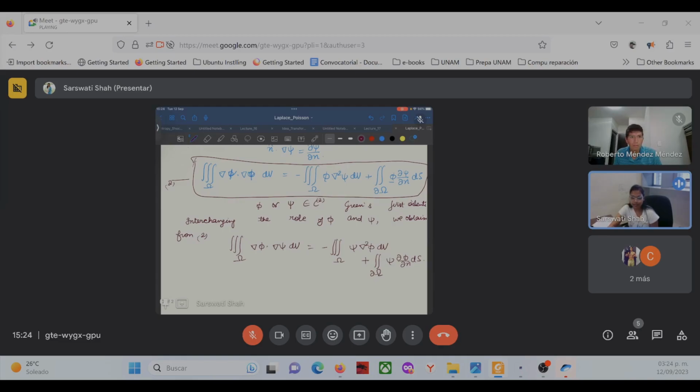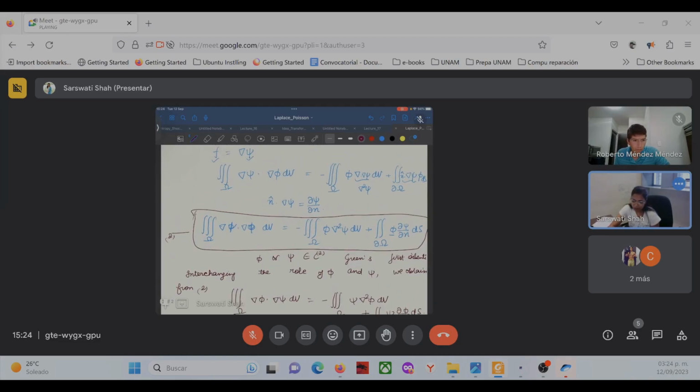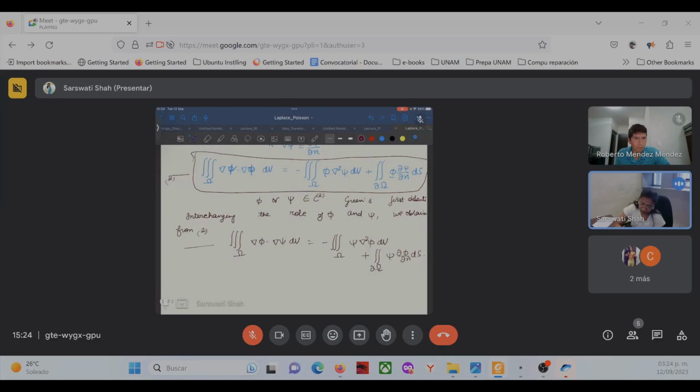And then subtract equation 2 and equation 3. So this side will be cancelled out. So subtracting equation 2 from 3, this is the same, so it is going to be cancelled out.